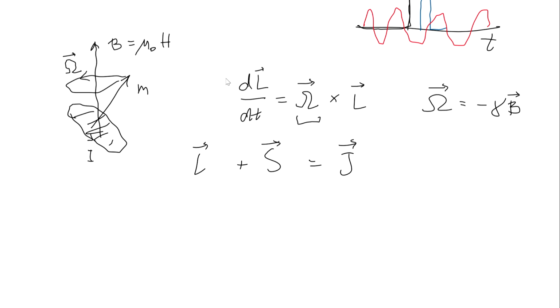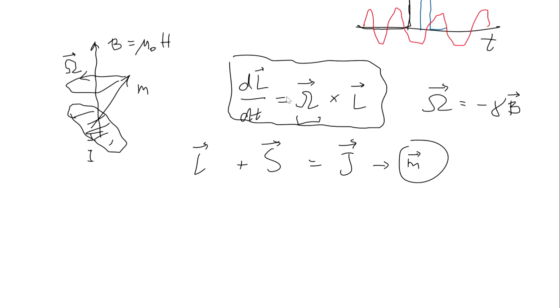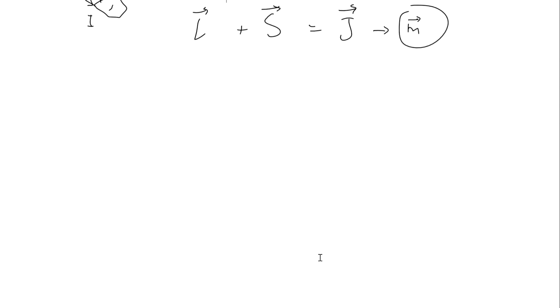We already discussed that there is a way to calculate M. We can convert this equation and replace L with J. Besides that, it's not convenient to work with omega, so I will rewrite the same equation that describes how the magnetic moment moves in the presence of a magnetic field.